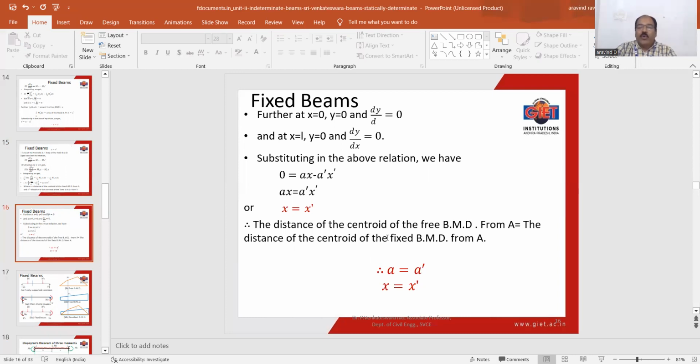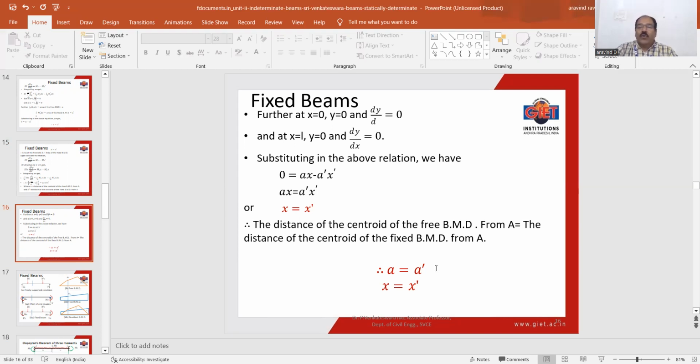By using these two equations, A is equal to A dash and x bar is equal to x bar dash, the number of available equations is 4: sigma H is equal to 0, sigma V is equal to 0, sigma M is equal to 0, and A is equal to A dash, x bar is equal to x bar dash.